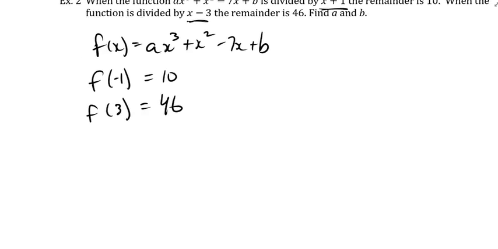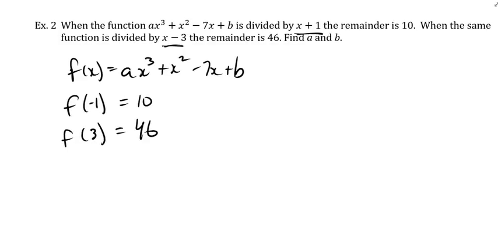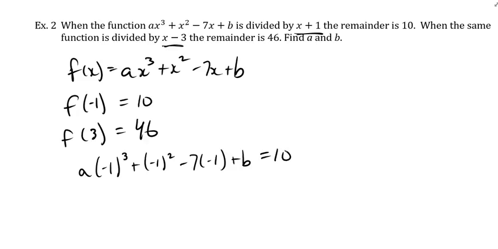Well, I can sub in negative 1 to this function. So f at negative 1 would look like this. A times negative 1 cubed plus negative 1 squared minus 7 times negative 1 plus b equals 10.